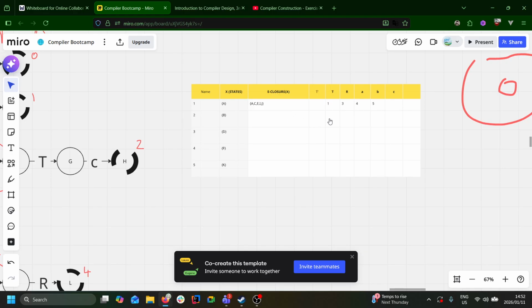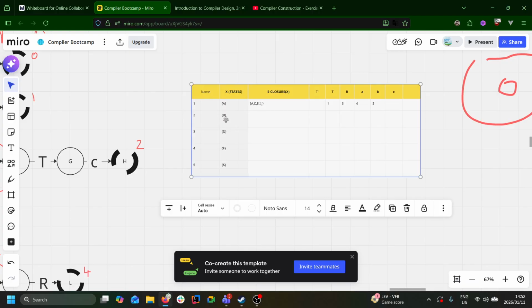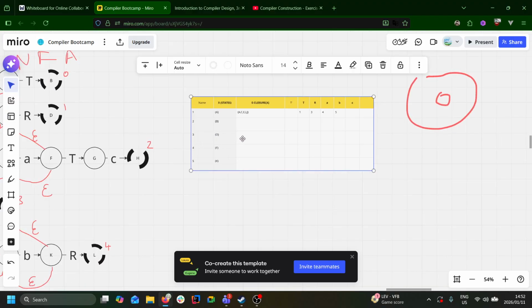You just keep doing this and populate the table, and once you populate the table, you'll have your DFA transition table, which is also going to be your SLR transition table. So we'll convert the DFA transition table into an SLR transition table, and then you will be done with the SLR transition. We're gonna go from row to row, find the epsilon closure, find the transitions, create new rows if we have to, and we just keep going until there are no more transitions.